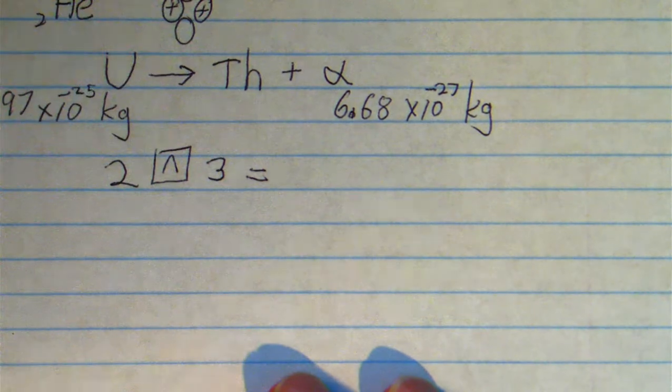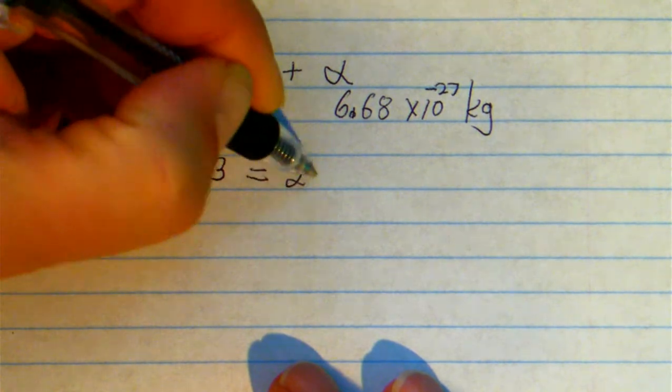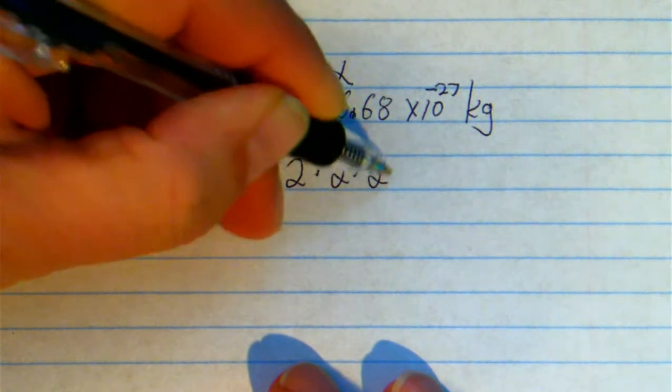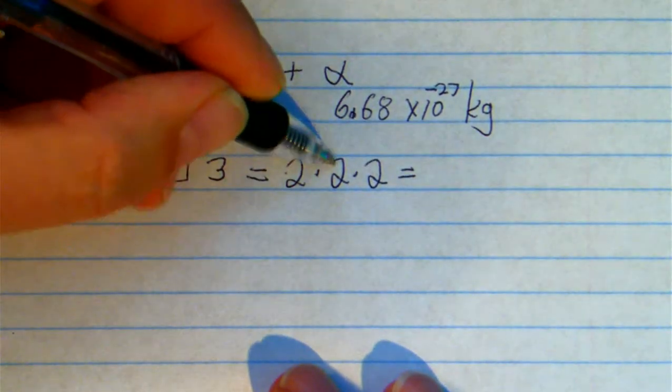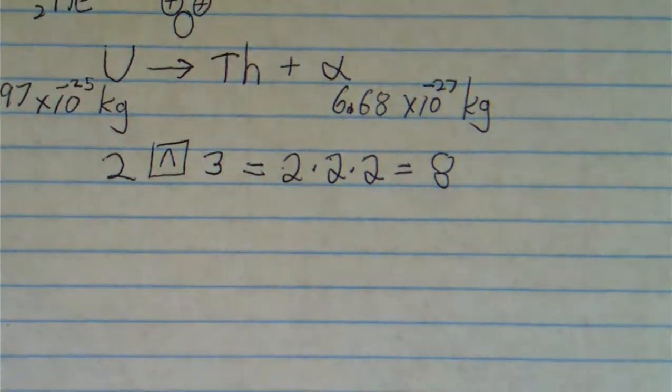Can anyone tell me without a calculator? Zara, go ahead. That is correct. This means 2 times 2 times 2. 2 times 2 is 4. 4 times 2 is 8. So 2 cubed is 8. That's great.